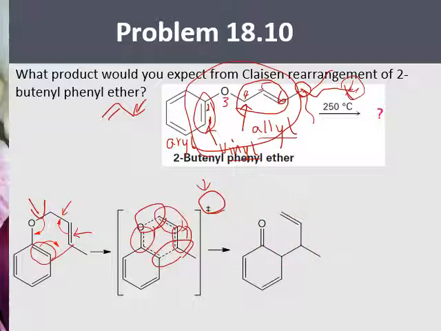Now, in allyl aryl ether, there's one more step. Okay, this is because we start with a benzene ring. Here, it's not a benzene. It loses aromaticity. There's a mechanism to restore aromaticity. There's a hydrogen here. Okay, this hydrogen can shift to this oxygen, and then this double bond, pi bond, moves to here. And that will give you a new product.